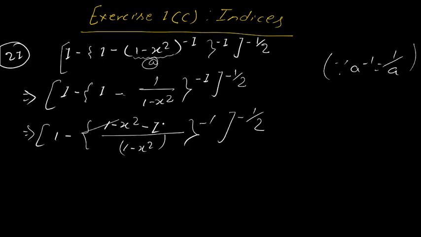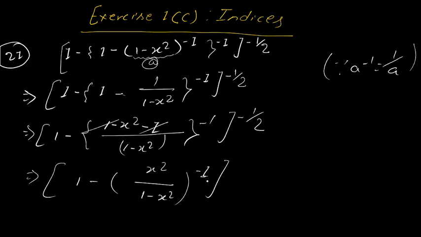Now this is plus 1, this is minus 1, is gone, right? Right sir. So 1 minus, now you are left with x square divided by 1 minus x square. See, only one rule I am going to use in all these questions. Okay, is that right? Right sir.